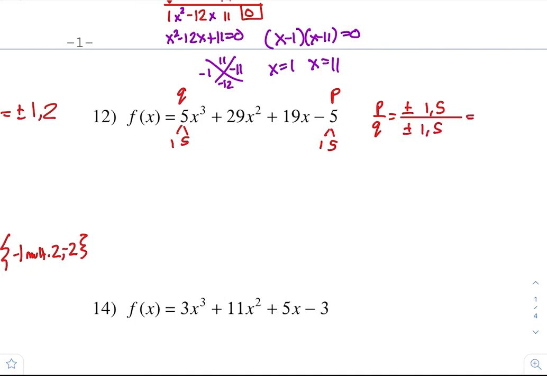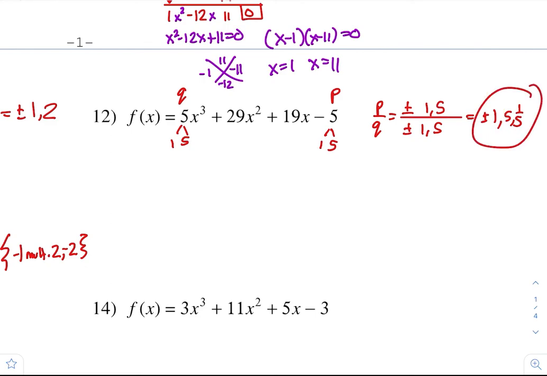So 1 over 1 is plus or minus 1. 5 over 1, 5. Now we have to do 1 over 5, which is 1/5, and 5 over 5. Now I'm not going to incorporate 5 over 5, you guys, because 5 over 5 is 1, and we already have 1 in the list, so we don't need to include it.